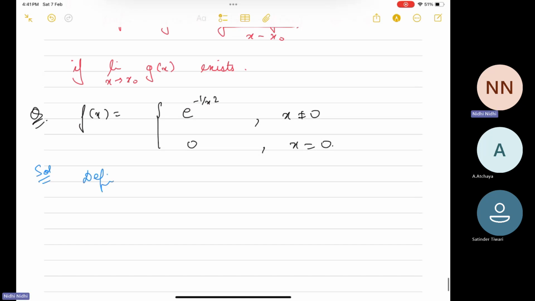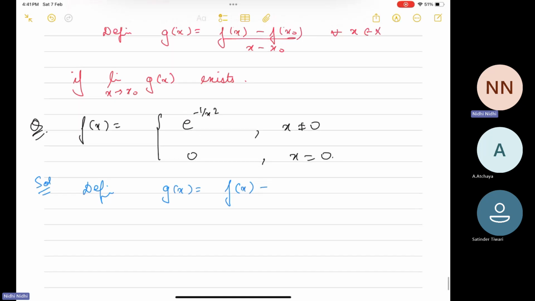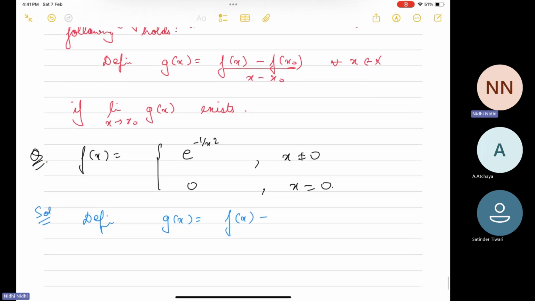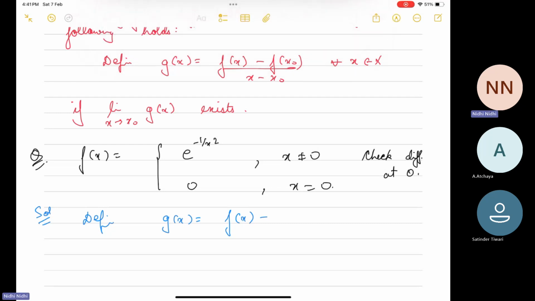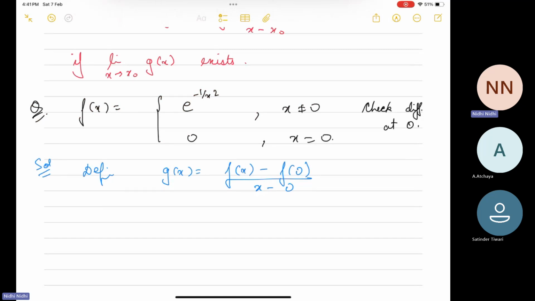Define gx equals to fx minus f0 upon x minus 0, since in this case we need to check differentiability at 0. Clearly it's given that f0 is 0.